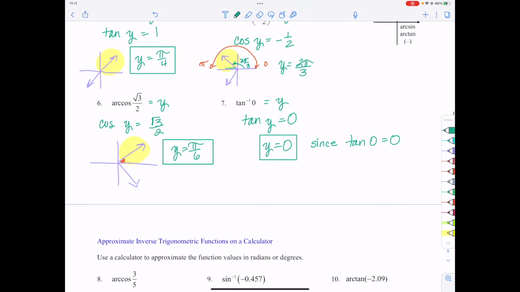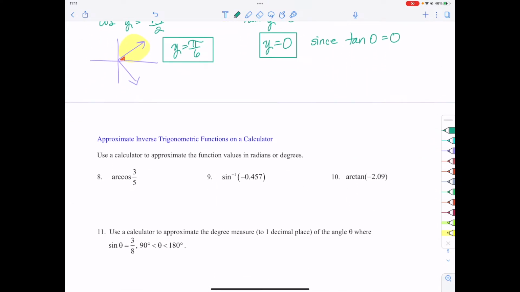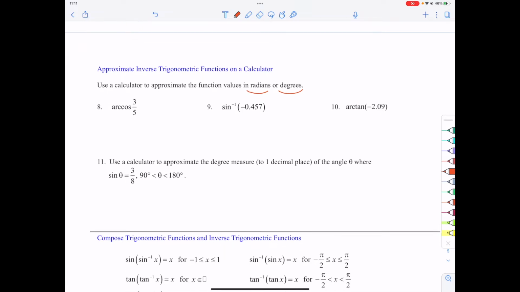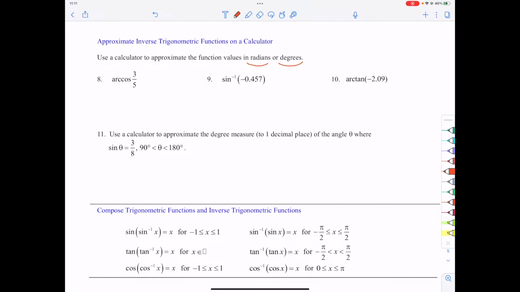Okay, now let's go on to inverse trig functions on a calculator. Now notice what we have in this question: we are going to give these values in radians or degrees. I'm going to give them both to you, but you should be able to do both of those.